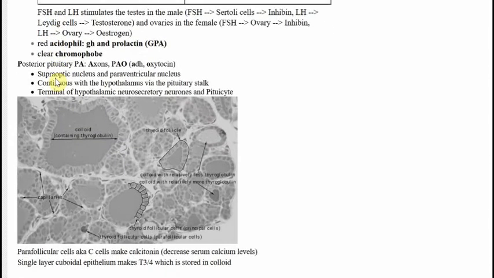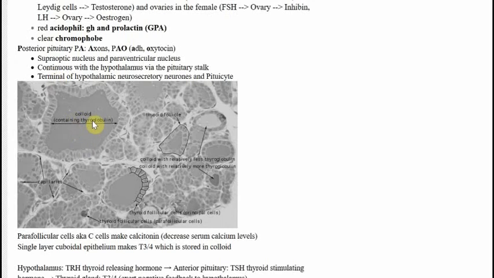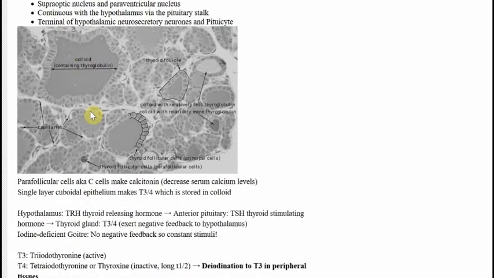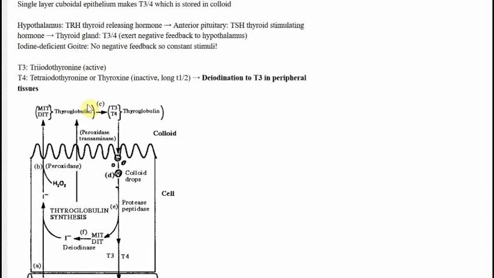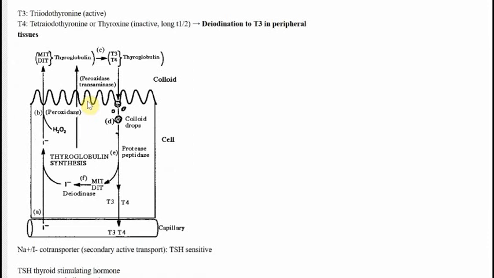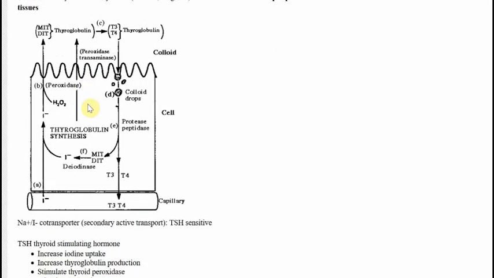So if you remember here, you've got your thyroglobulin. And there you've got your MIT, the tyrosine residue containing one iodine, so mono, it's one. You've got DIT, which is two, so dual. So MIT is one, DIT is two.